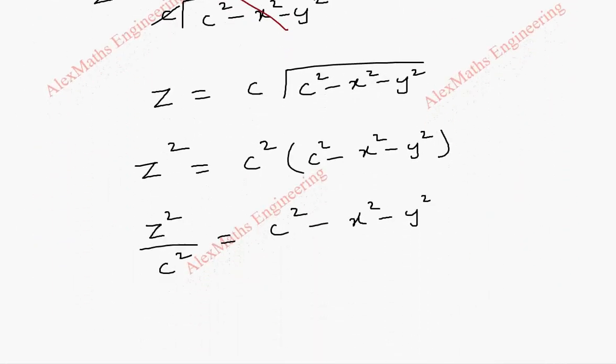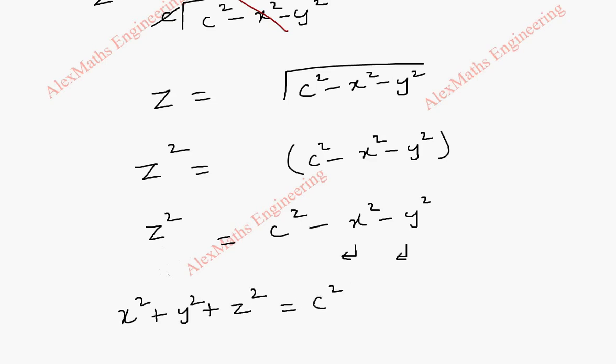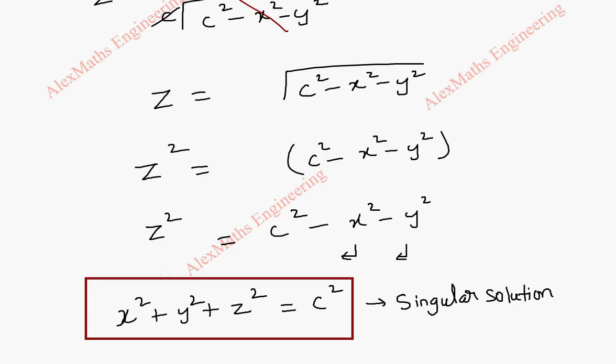After cancelling this, this term will not be there at all. So when I square, there won't be any c square term. Now finally, bringing these two negative terms to the other side, we get x square plus y square plus z square equal to c square. This is our singular solution.